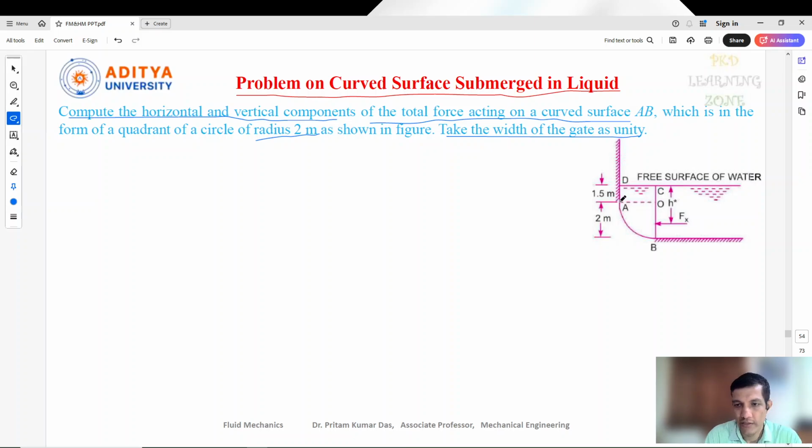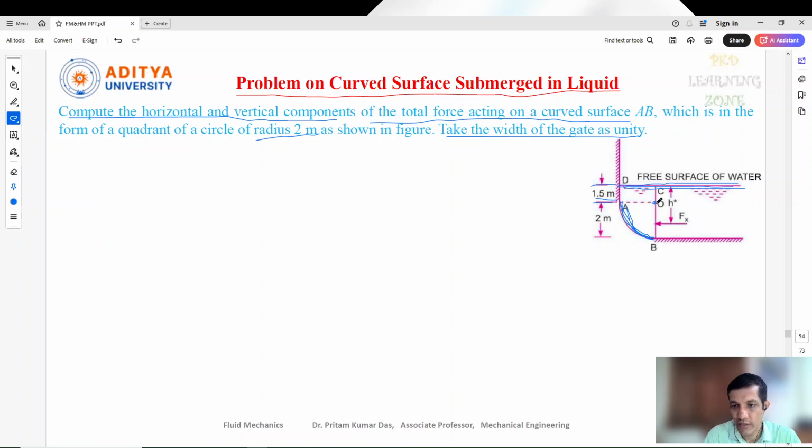So this is our curved surface, AB curved surface, and this curved surface is situated as per the diagram. This is the free surface of the liquid, and from this free surface, this curved surface is situated at a height of 1.5 meter. The radius of this curved surface, if you consider this is the center point O, is 2 meter.